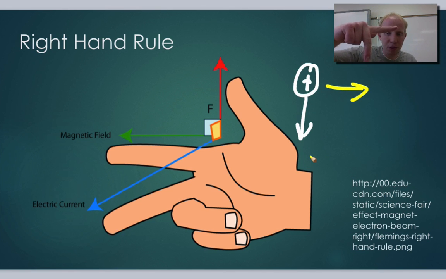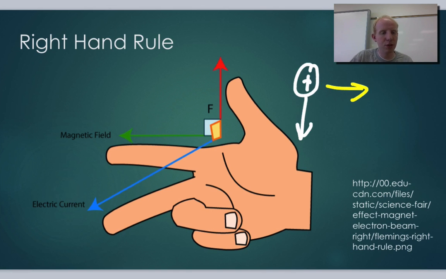The magnetic field's moving to the right, so you put your index finger to the right, and so the force, if you look at your thumb, you can kind of see my thumb pointing towards me, which means in the problem, the force would be going into the paper, or into the board, as we say.